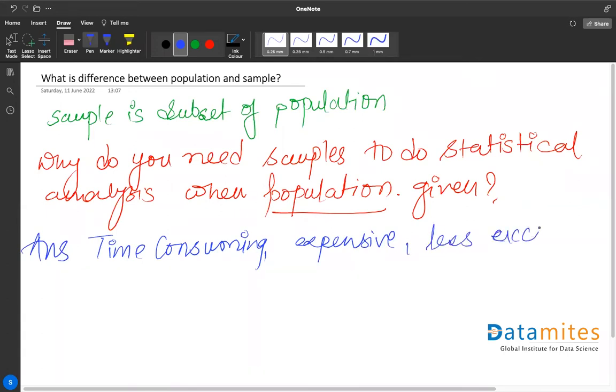So this is the reason. You can give an example of this: when we go for a blood test, can the pathologist take the entire blood from your body? No, they take a sample of the blood from your body, right? So you can give this example as well. All right, so this is about the question.